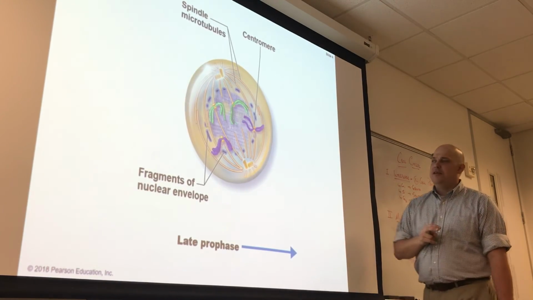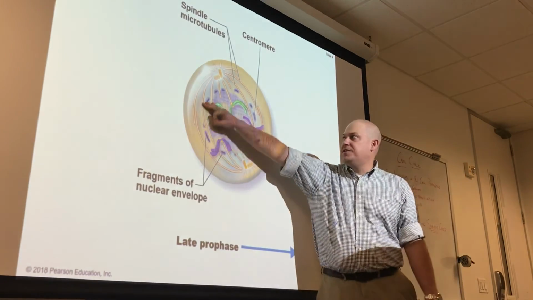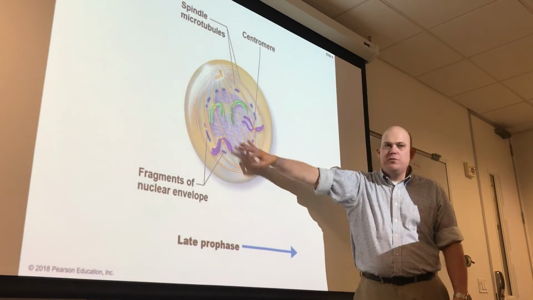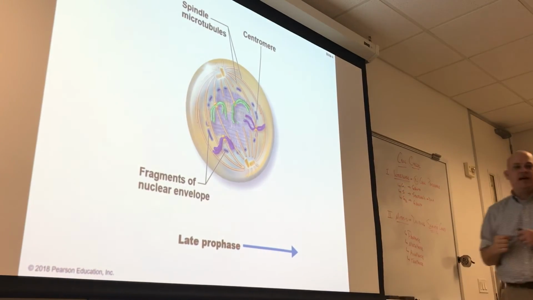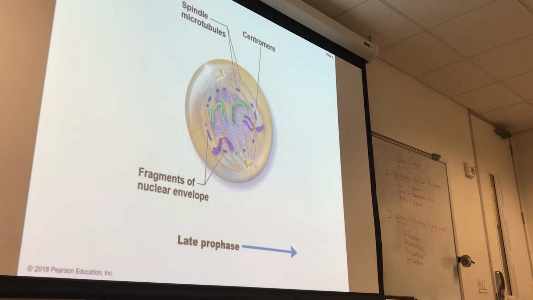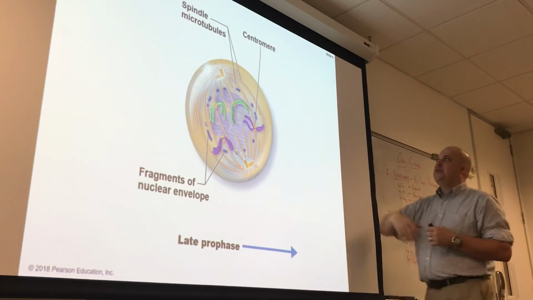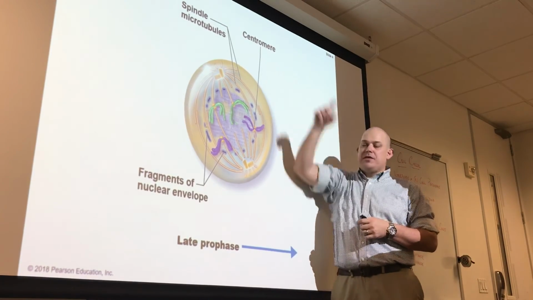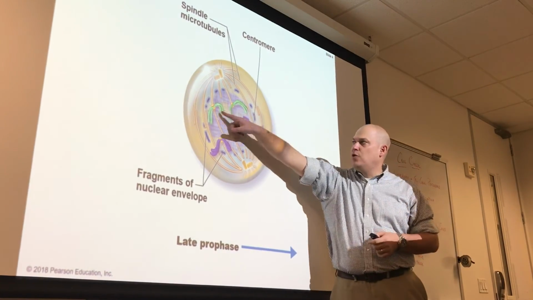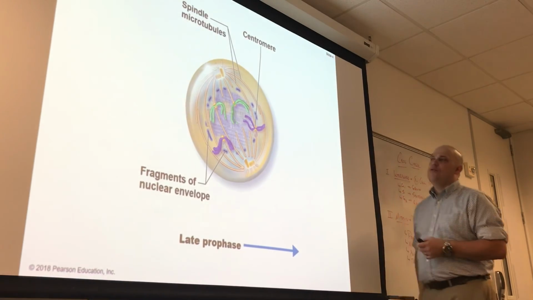Event number three is the nuclear envelope dissolves, therefore allowing the chromosomes to freely float within the cell. But as that nuclear envelope dissolves, those mitotic spindle fibers that are produced by the centrioles will attach to the chromosomes at a center point known as the centromere, which is represented by these gold structures in the center of our chromosomes.